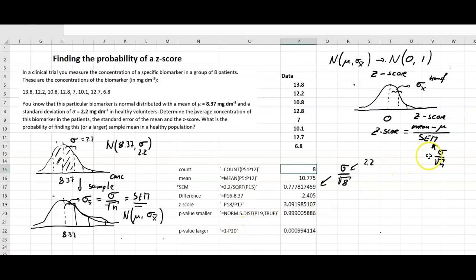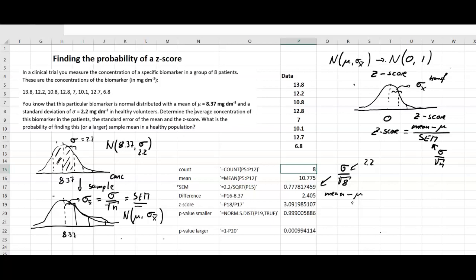We now can calculate the difference between the two means. So that is mean minus the population mean, 2.405, and we calculate the corresponding z-score, which is this difference here divided by the standard error of the mean. So that is our z-score.